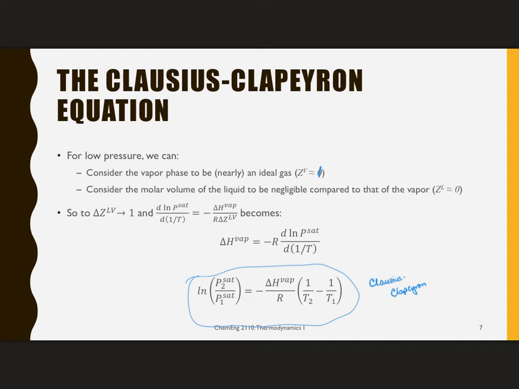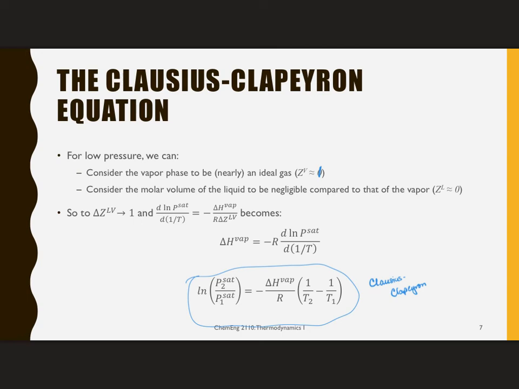So we've made one assumption, and that is that the vapor pressure is going to typically happen for low pressure systems. So therefore the gas is nearly an ideal gas, and the Z for the liquid is going to be much closer to 0, and so therefore I've eliminated the delta Z term.